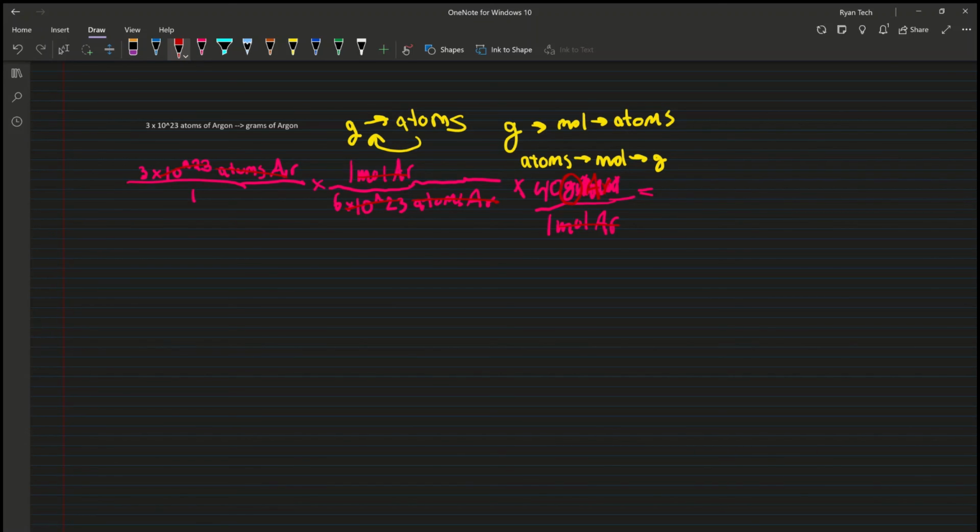Now, we can actually calculate this in our head. 3 times 1 over 6 is in fact 1 over 2. Then 1 over 2 times 40 grams of argon is equal to 20 grams of argon. And that's your answer. If you wanted to convert it to grams of argon, you'll be left with 20 grams of argon.